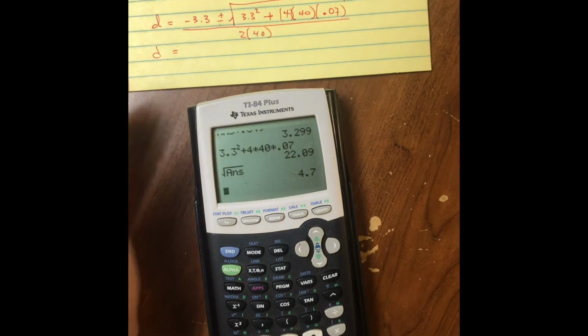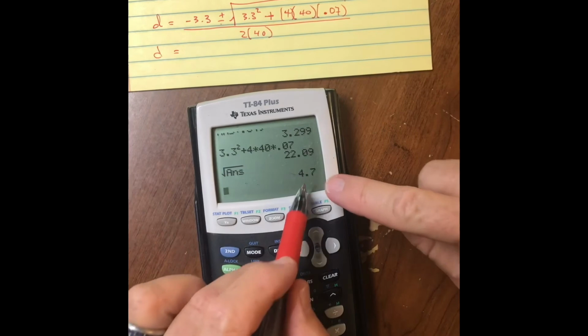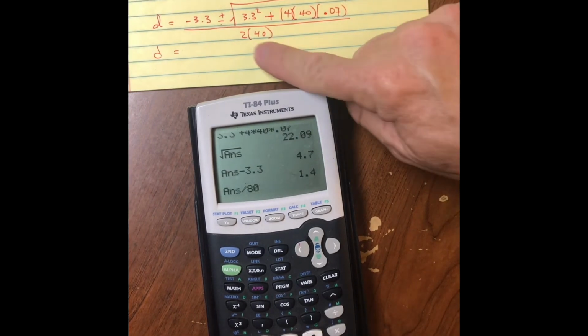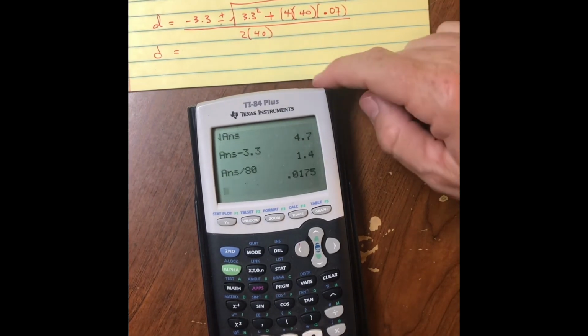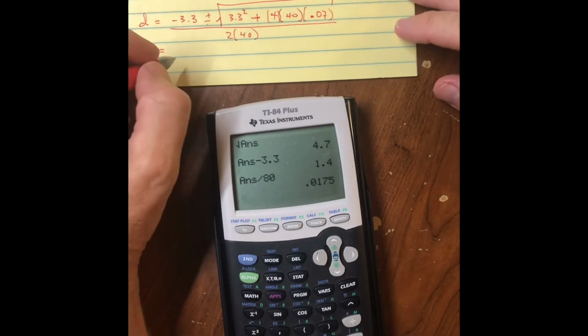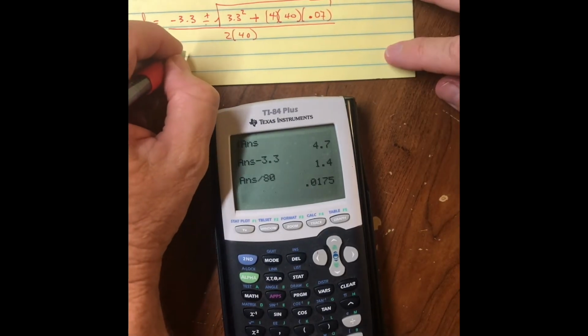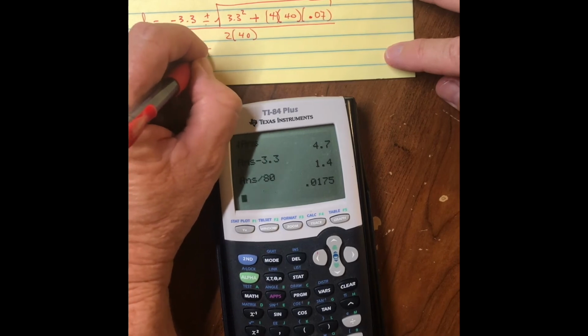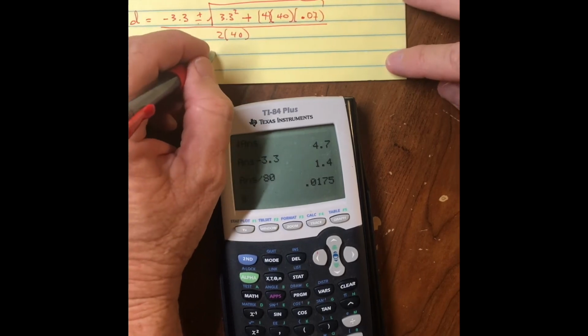So if you'll allow me, then I'll take the positive one and combine it then with the negative 3.3. And then divide that by 80 downstairs, and I get 0.0175 meters.